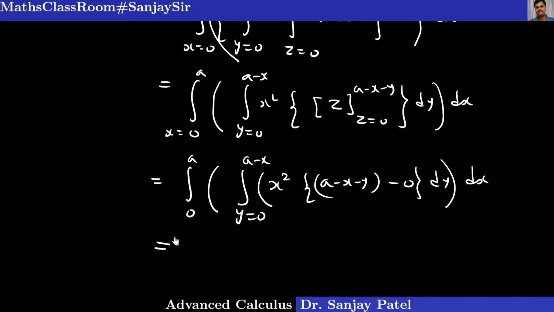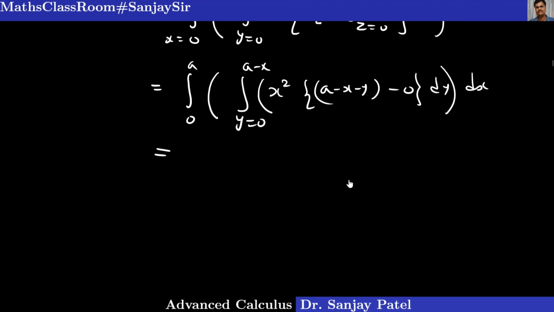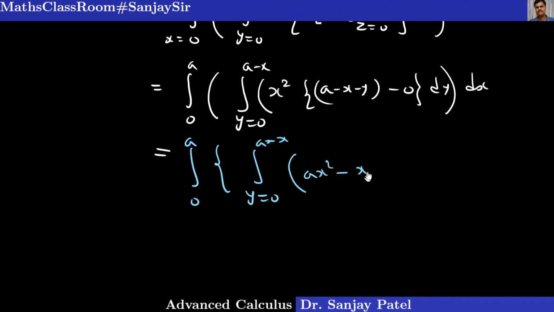So this is equal to integral 0 to a. I can multiply this with x square and write it as x square into a, so a x square minus x cube minus x square into y.